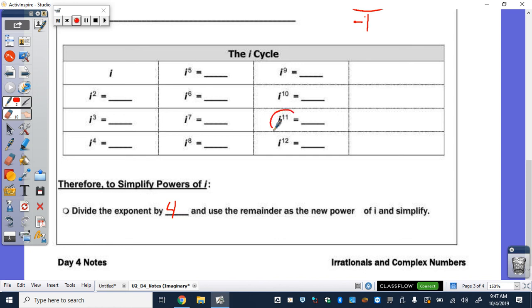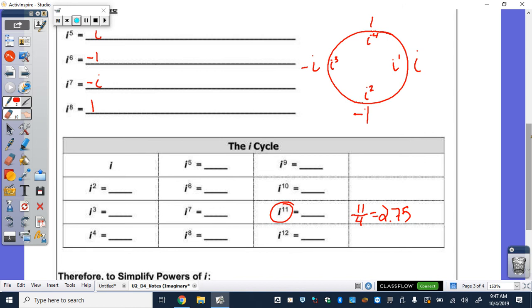So for example, if I am simplifying i to the 11th, use your calculator. 11 divided by 4, what do we get? 2.75. So what that means is in the little pattern up here, it goes around 1 whole time, 2 whole times, and then you got to go 0.75.